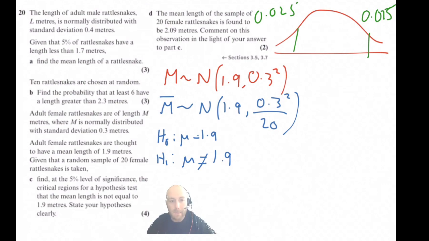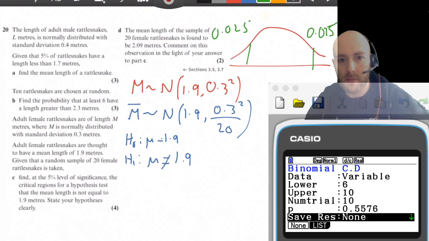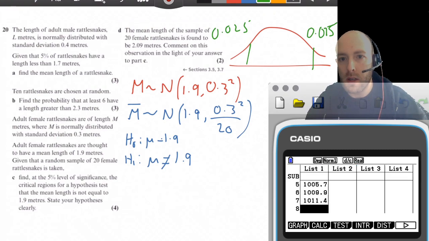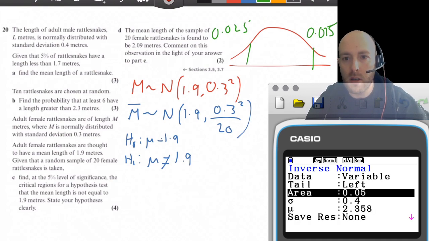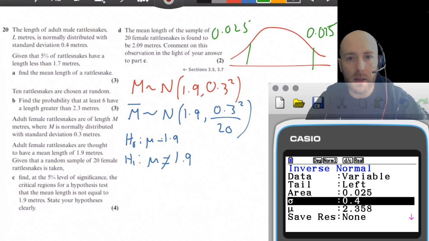Yeah, cool. All right, so let's get out the calculator. Inverse normal. Tail, we'll do left first. 0.025. Sigma is 0.3 over square root of 20.